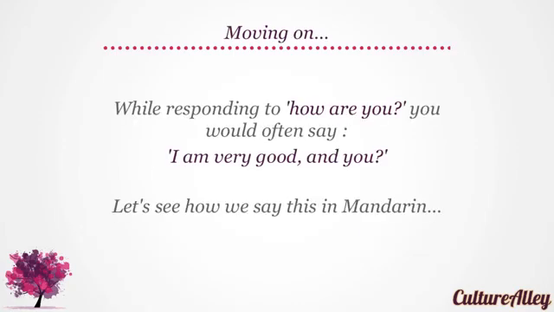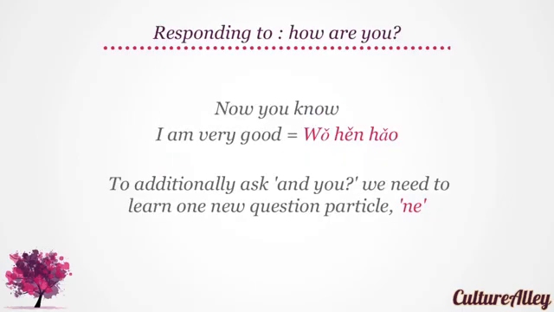While responding to how are you, you would often say, I am very good, and you? Let's see how you can say this in Mandarin. Now you know that I am very good translates to 我很好. To additionally ask and you, we will need to learn a new question particle, ne.